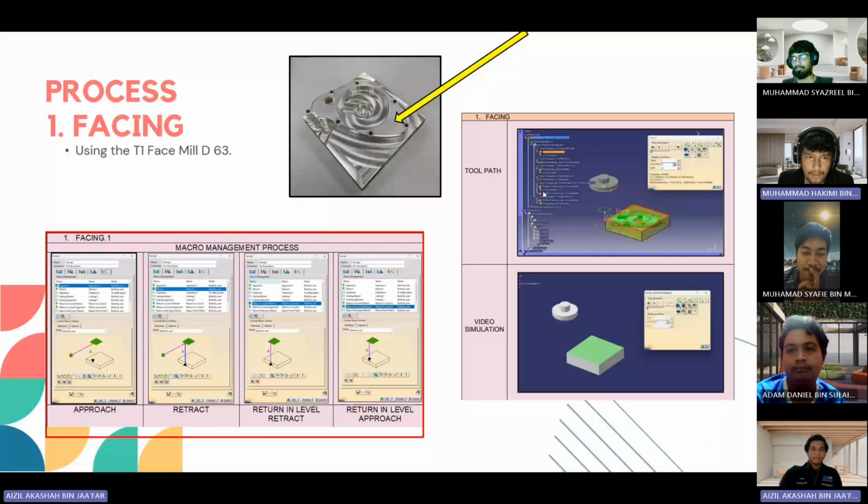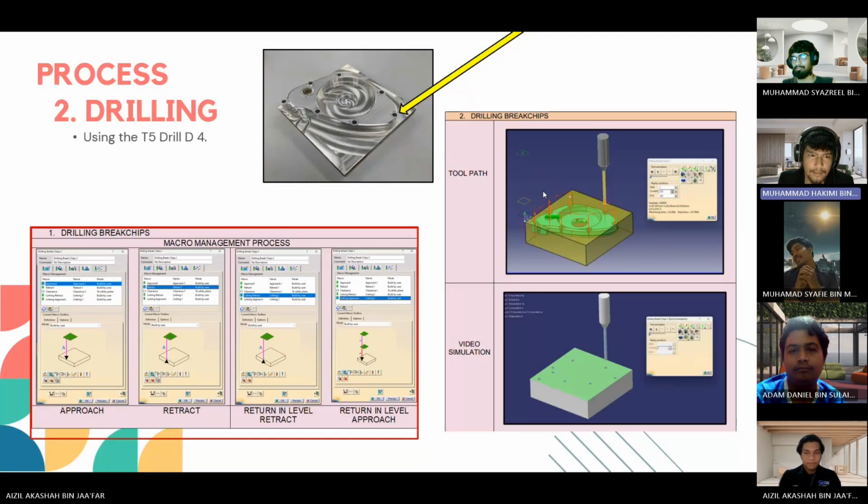I will continue with the next process, which is the drilling process using tool 5, drilling diameter 4. As you can see, our product has around 7 holes. The first is approach, retract, and return level.